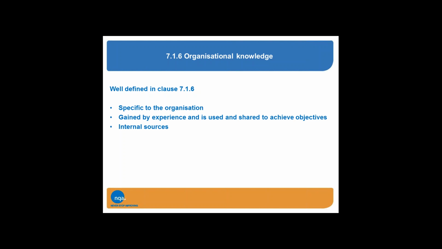Organizational knowledge, a very interesting clause unique to 9001:2015, well defined in this clause 7.1.6. Organizational knowledge is specific to the organization, can be gained by experience and used and shared to achieve objectives. There are internal sources of knowledge, external sources.